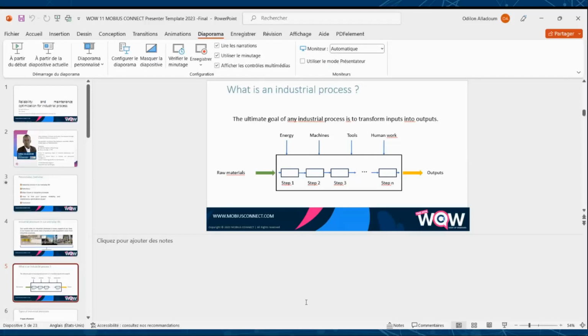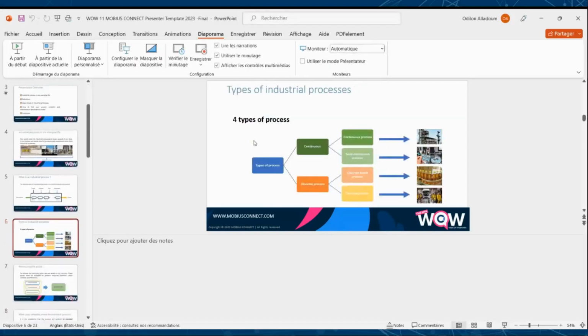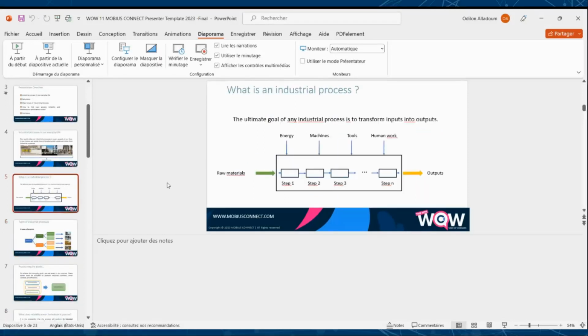Can you click that orange button in the upper right-hand corner? The orange tab. One moment.